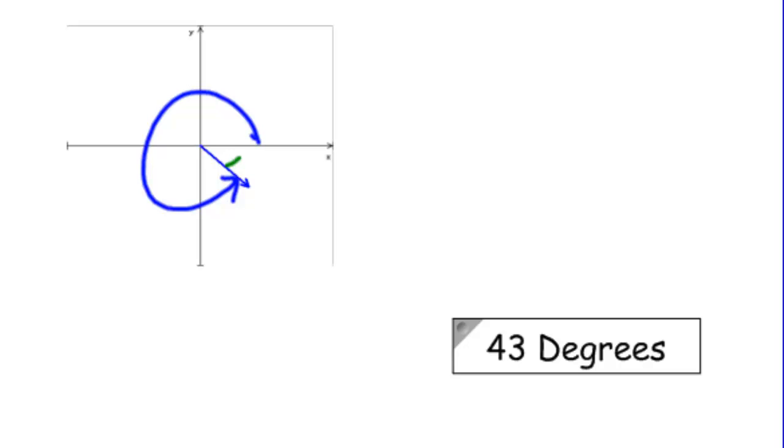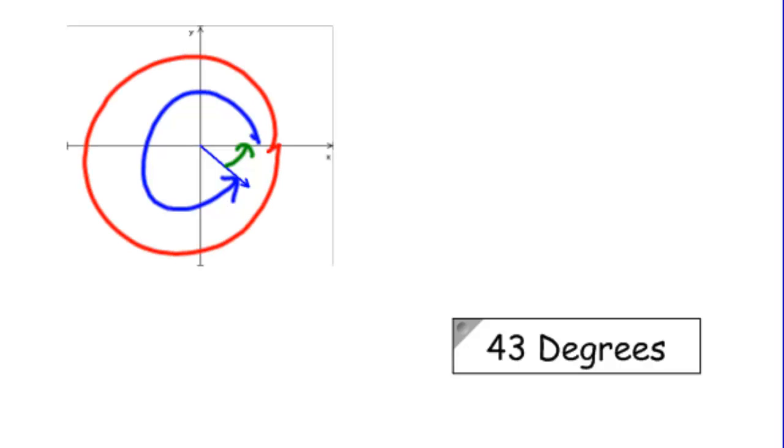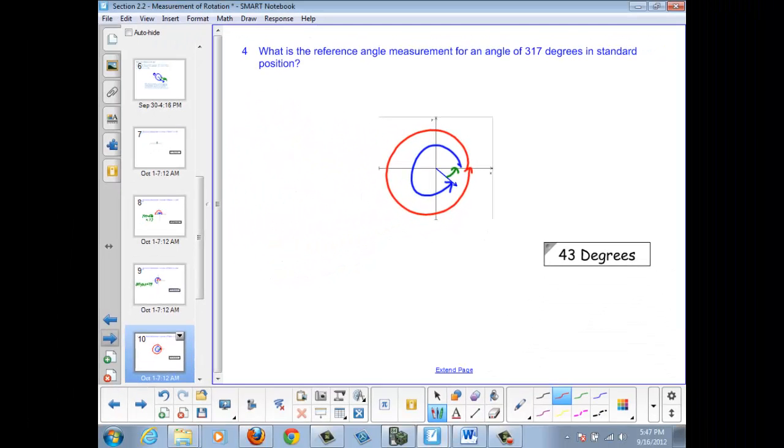Again, the positive acute angle connected to the horizontal axis, which we could see one way to get that would be to go 360 degrees and figure out the difference between our original angle and 360 degrees. So 360 minus 317 will give us 43 degrees.